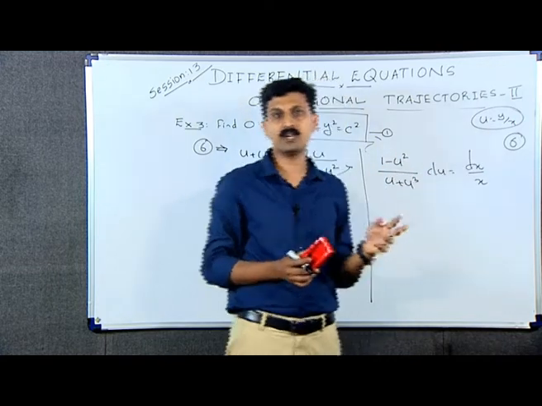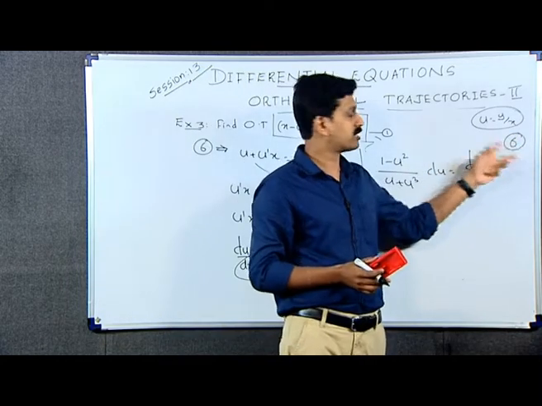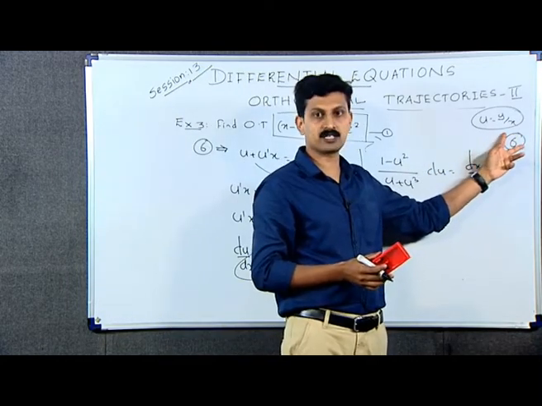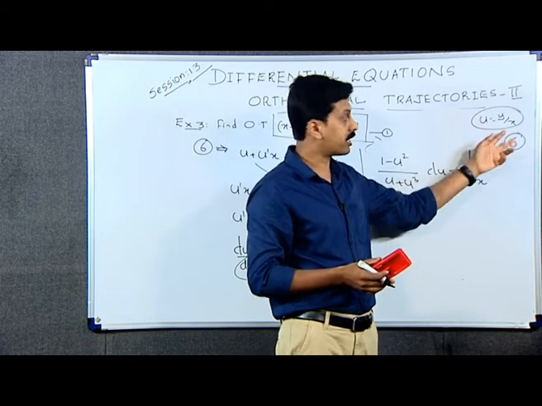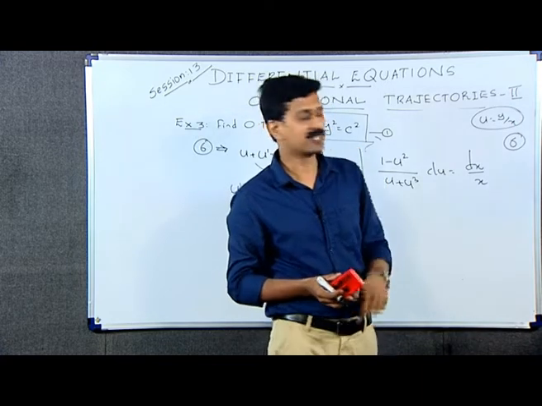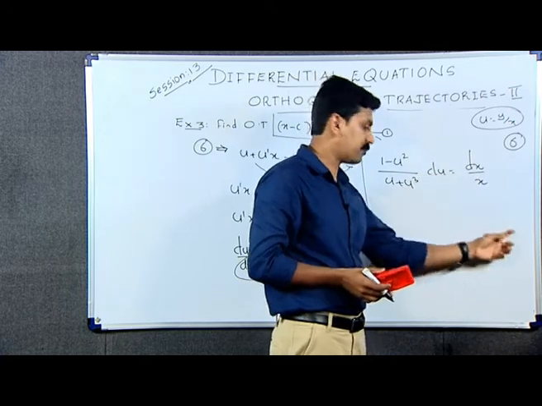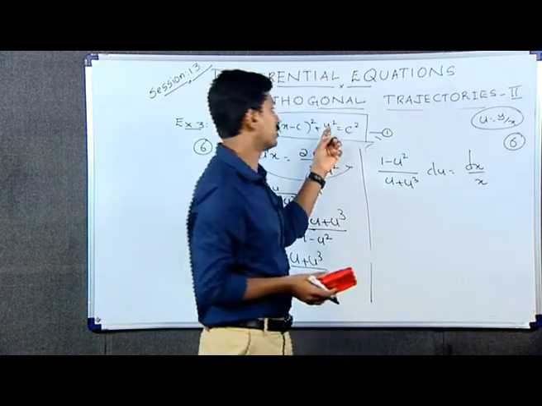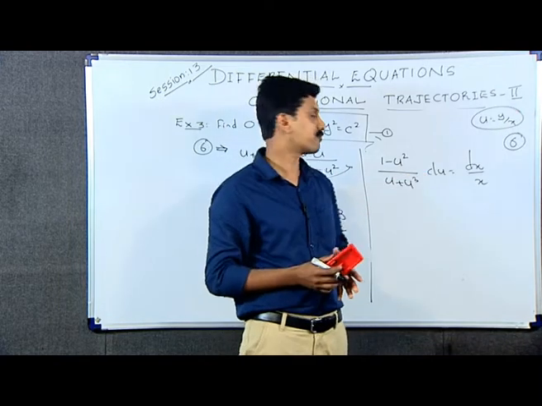So, we will have a solution of differential equation 6. Equation 6 is generated from 1 by replacing y dash with minus 1 by y dash. That is why we will have a new family of curves that are orthogonal to 1. So, the solution of this will be the orthogonal trajectories of 1.